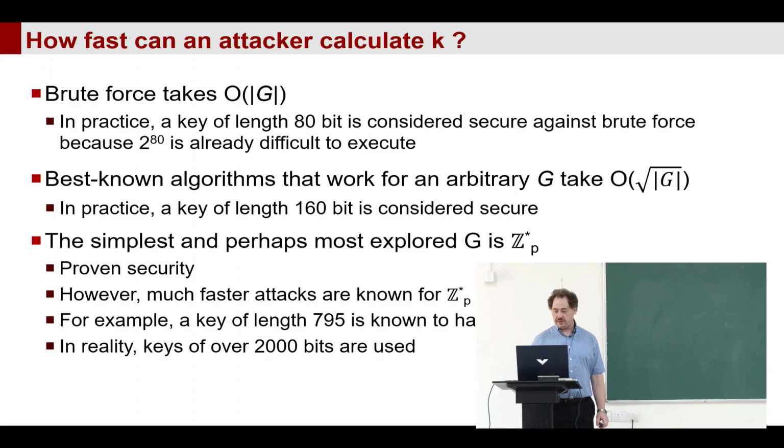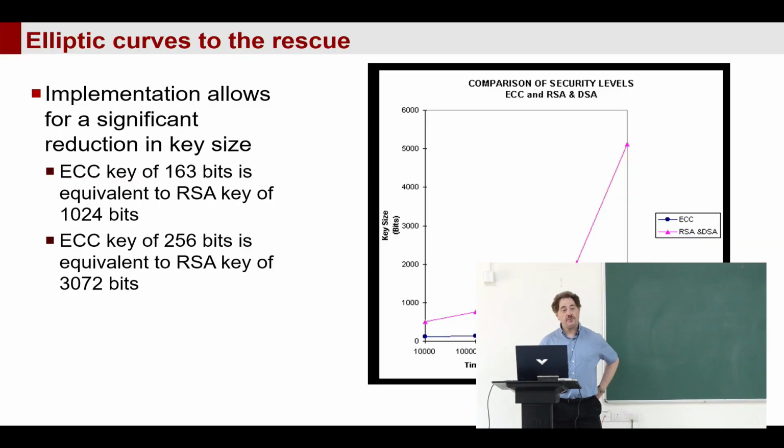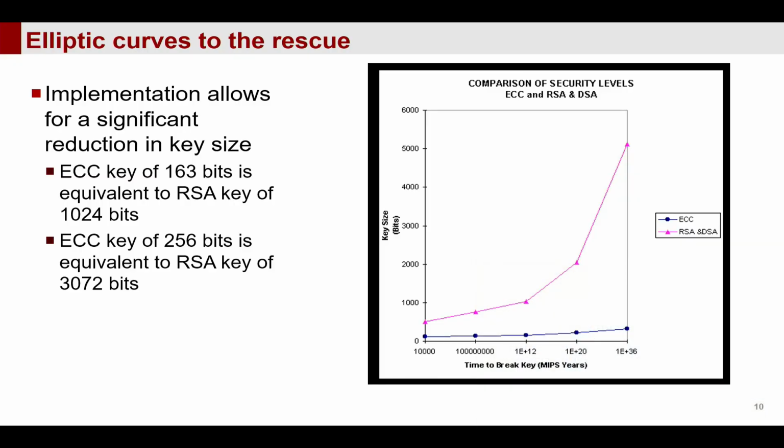What does blockchain use? It's using elliptic curves. Before explaining what it is, I'll just explain why it's much better. Elliptic curves allow for significant reduction in key size.